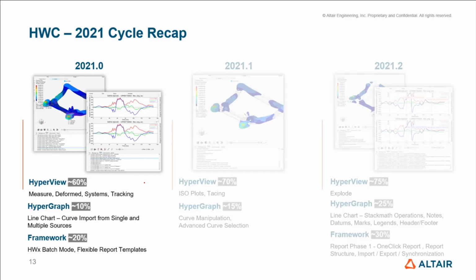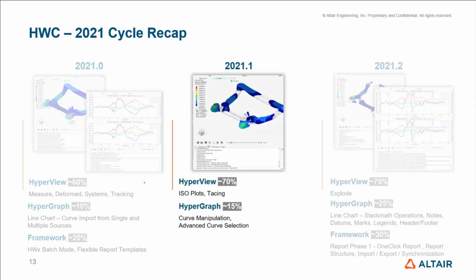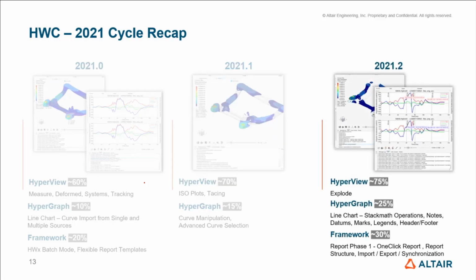So from 2021, then in .1, we moved forward with HyperView and introduced isoplots and tracing, and then HyperGraph made further little steps in terms of curve manipulation and advanced curve selection. At the end of the 2021 cycle we saw the export functionality being supported in HyperView.